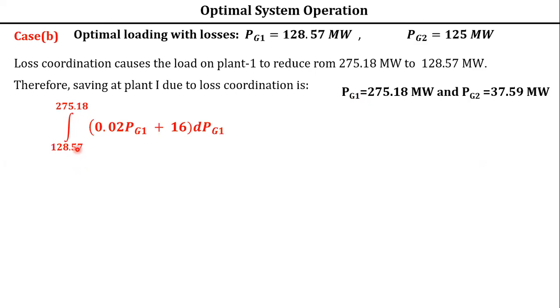We are substituting the upper limit and lower limit here because we are trying to find the savings between these two generations, case A to case B.